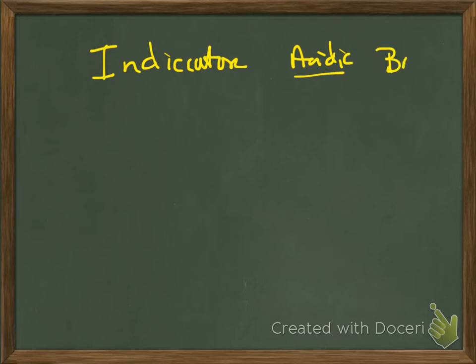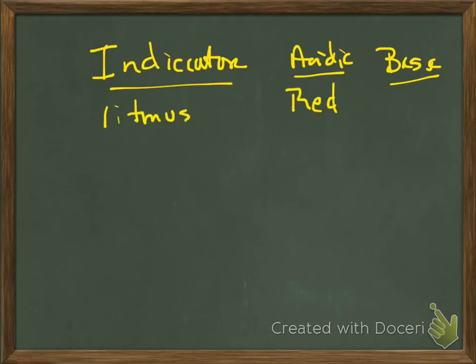Continuing on indicators, specific indicators will change color depending on if it's an acidic environment or a basic environment. Things like litmus: acidic is red, base is blue.